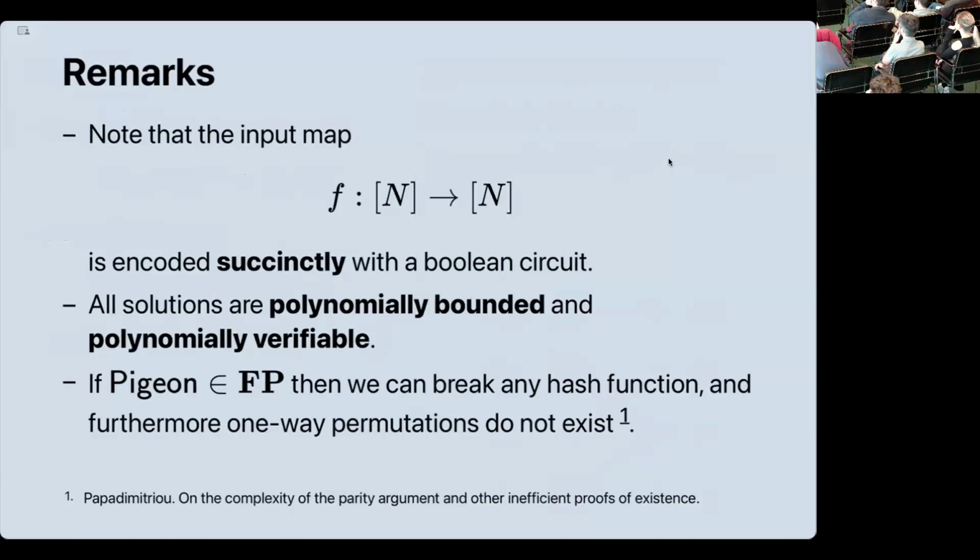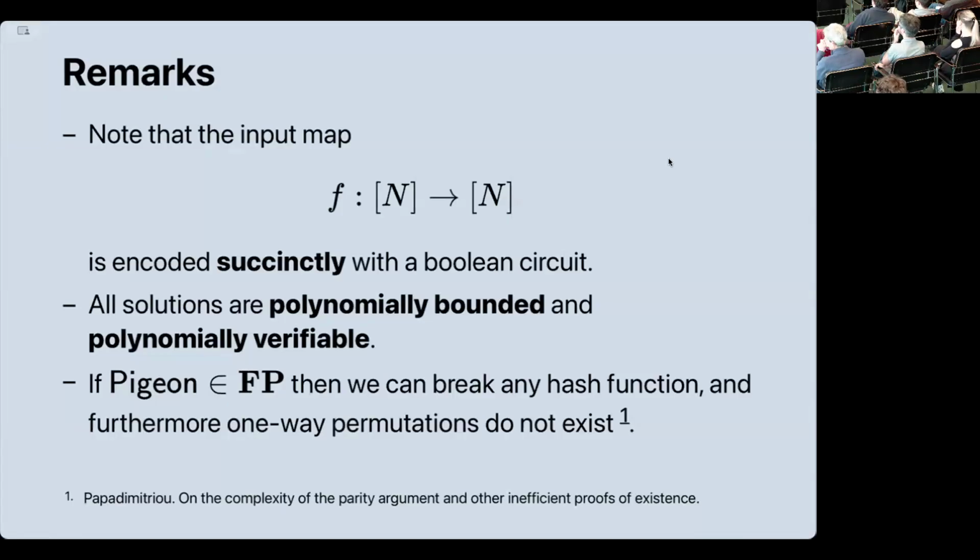Just a couple of comments on this definition that make it interesting. First of all, note that this input map f is encoded succinctly with a Boolean circuit. And because it's encoded succinctly, we can verify any solution in polynomial time. I can just give you the name of a pigeon, and then you can evaluate the circuit. Solutions are also polynomially bounded, because they're just the length of the string.